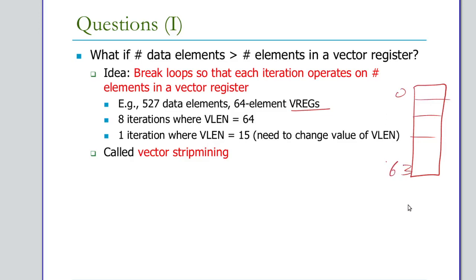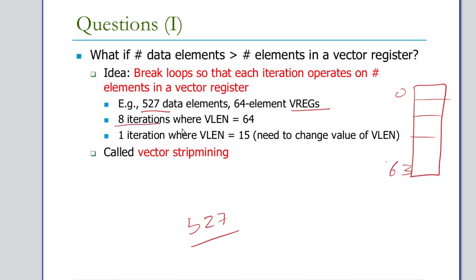Now you have data of size 527. For this 527, you will have to iterate a certain number of times. You will iterate for 8 iterations.